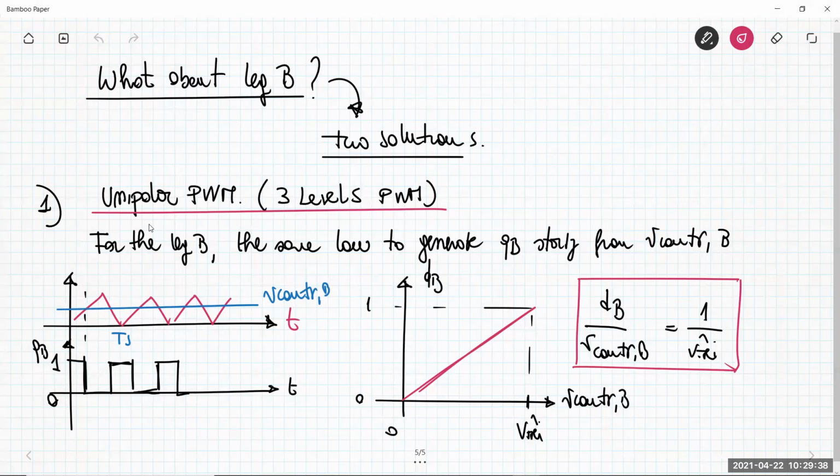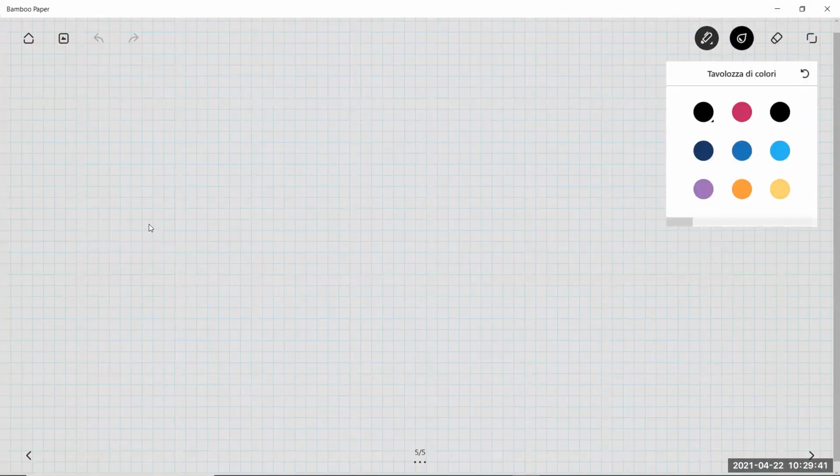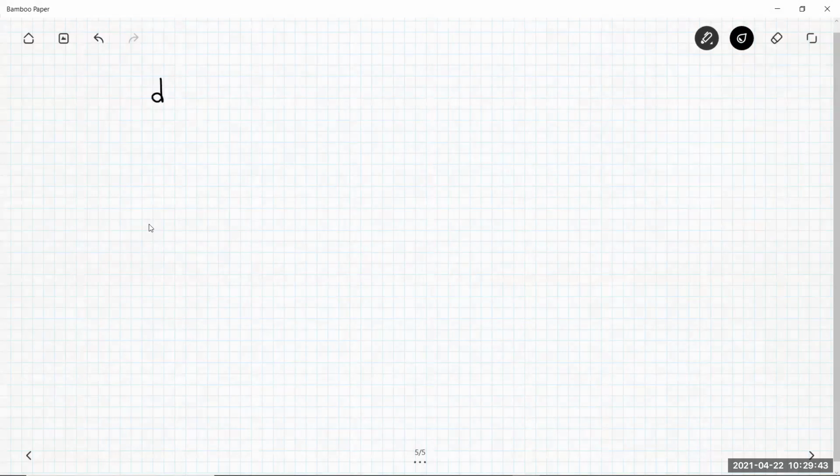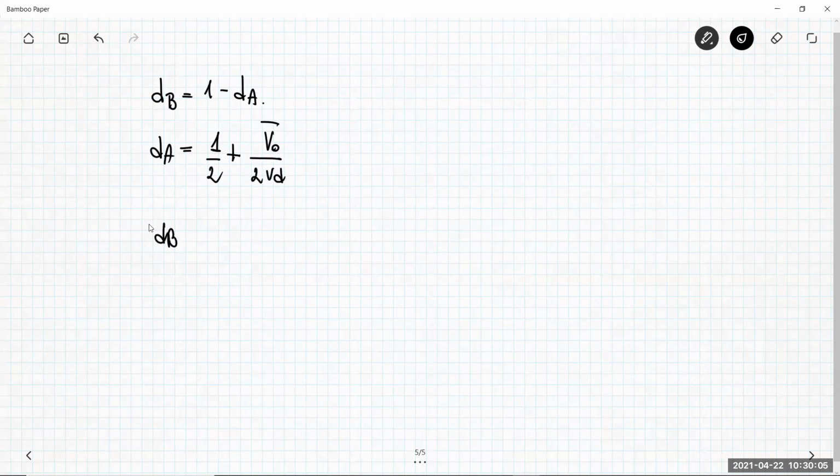Now, remember the basic assumption that is needed to get reversibility of the voltage, so that the duty cycle B should be 1 minus the duty cycle of the leg A. Remember also that the duty cycle A found out before is 1/2 plus V naught average value divided by 2 VD. So dB is 1/2 minus V naught over 2 VD.